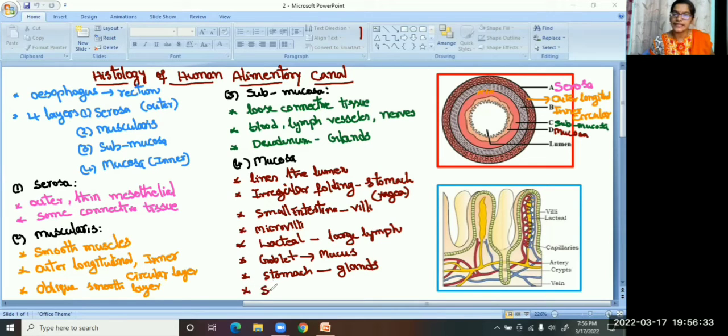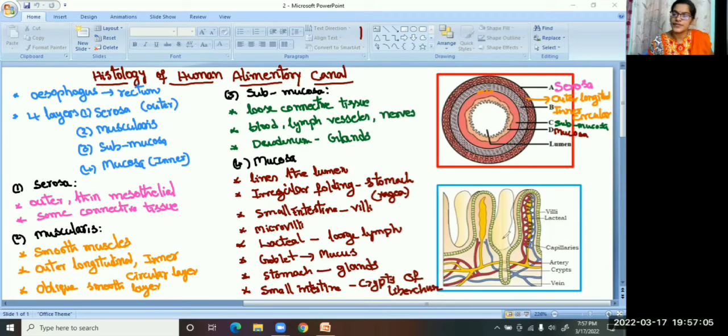In the small intestine, between the villi at the basal part, there are crypts of Lieberkühn present.